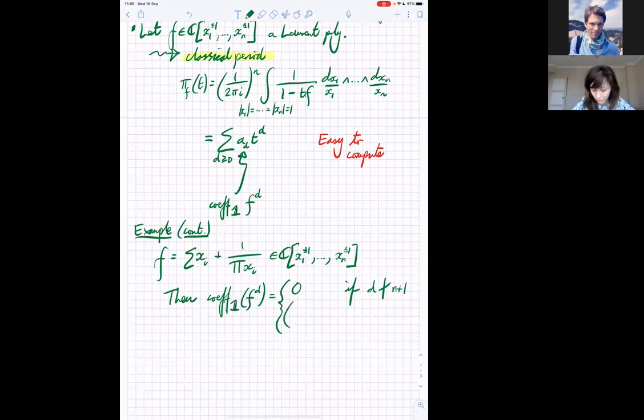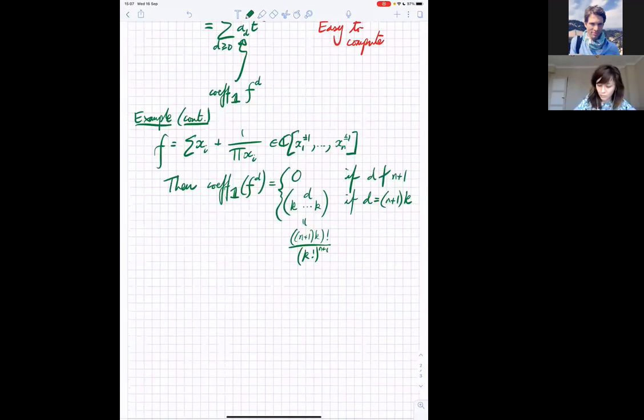Otherwise, it's just a nice little multinomial. So this is if d is equal to n plus 1 times k. And to save you having to think about this, this is what that multinomial expansion is. And so we have that this classical period is equal to the quantum period of P^n.